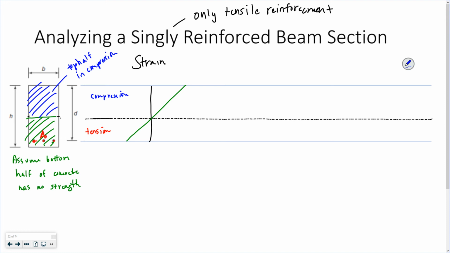But this is just my strain. This is horizontal strain, perpendicular to the cross section, in and out of the cross section.